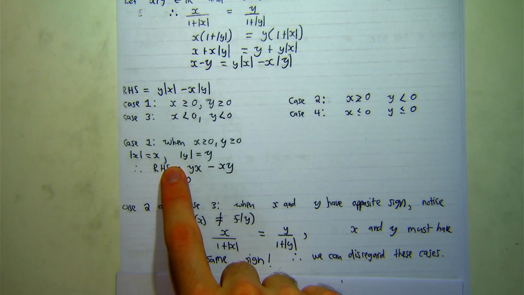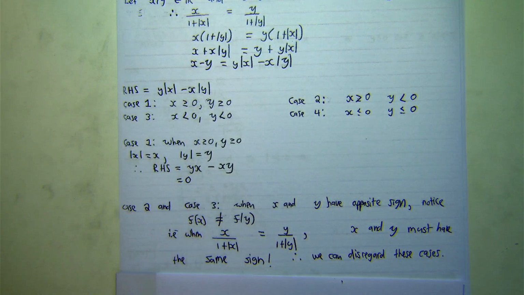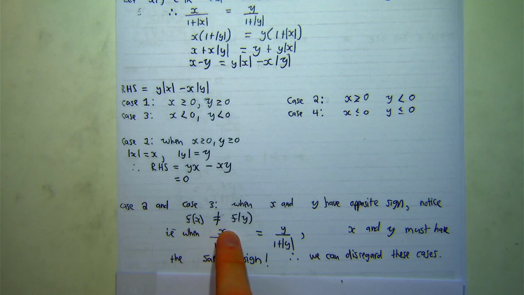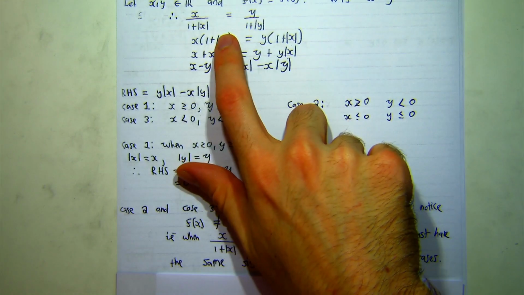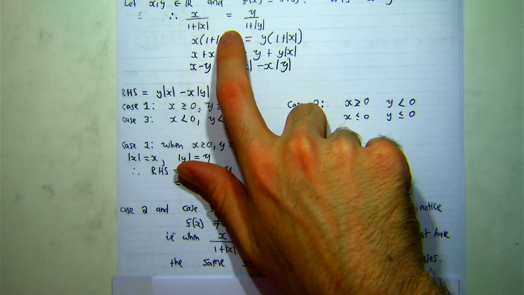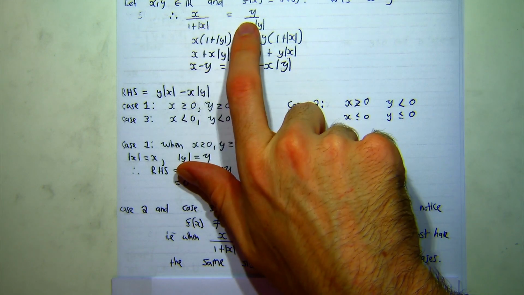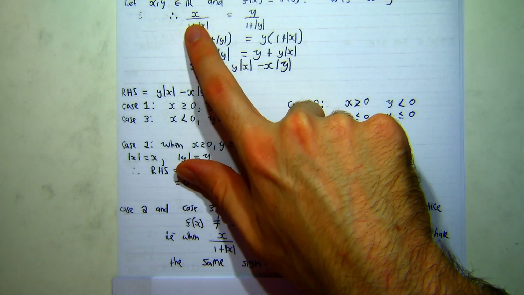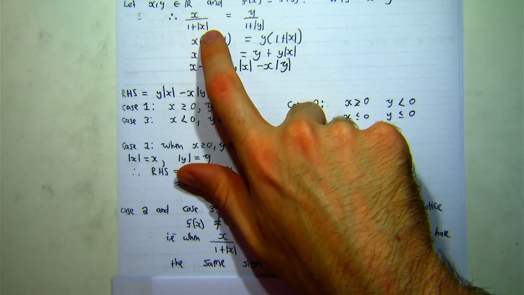Now, case 2 and 3, this is interesting. If you start off by doing this and do the maths, you actually won't get x equal to y. But the way that we deal with these cases is the fact that if f of x is equal to f of y, it is impossible for this case to exist. So looking back at this expression up here, the denominator is always positive, and the numerator x/y is determining the sign of the whole fraction.